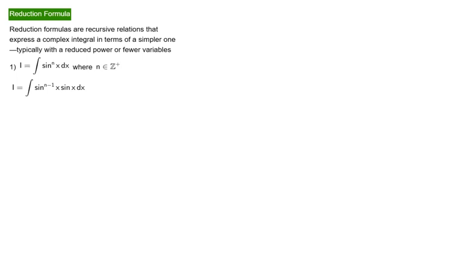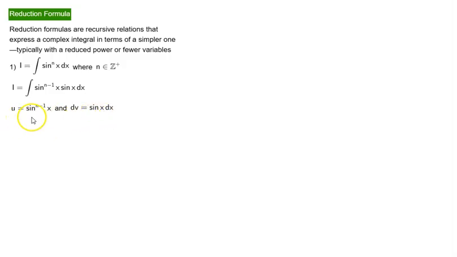integration by parts. So for that, we need to choose u and dv. Now remember the ILATE principle, but here both are trigonometric. So here we will choose dv as that which is simpler to integrate.